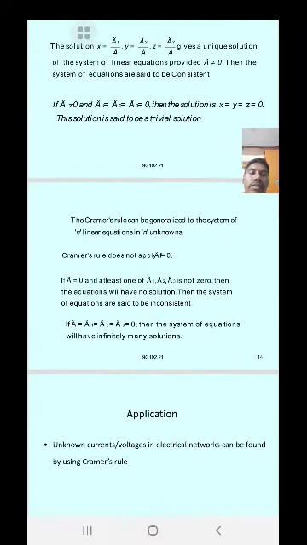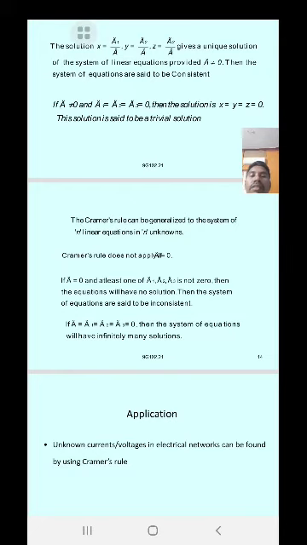Cramer's rule can be generalized to the system of n linear equations in n unknowns. Cramer's rule does not apply if delta equals 0.